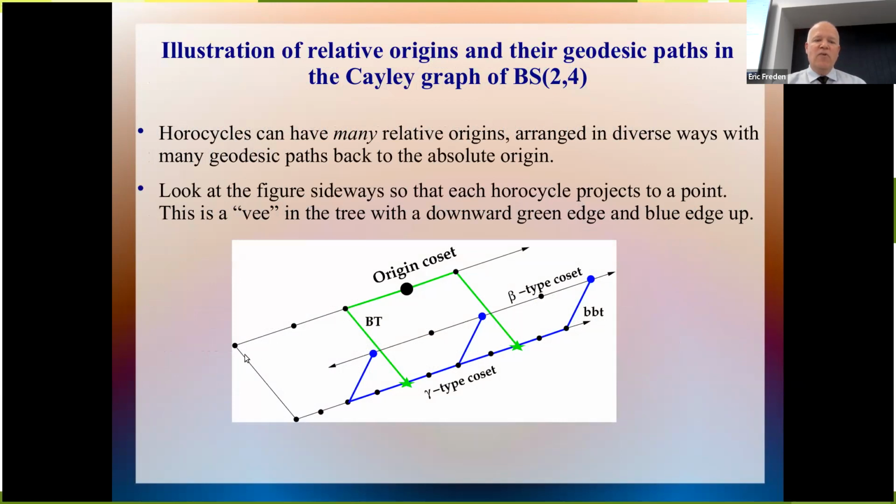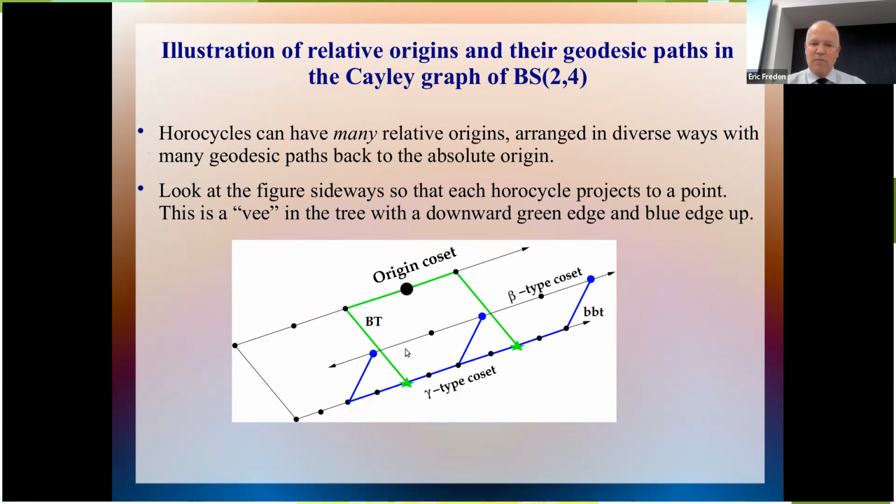If I look at this, it's supposed to be right here. Here's my horizontal subgroup, B going up and T going up and down. If I do this edge, an offset down is the only way to connect this one to that one. Then both of these green stars are closest point projections to the black dot.